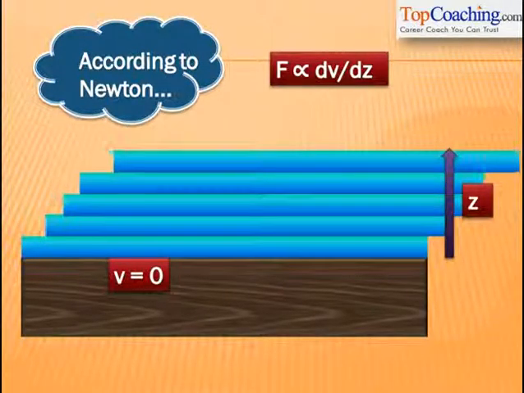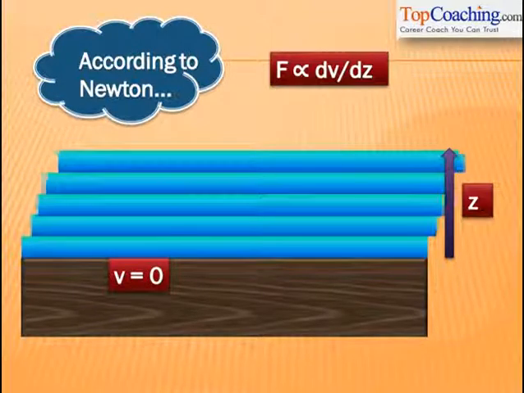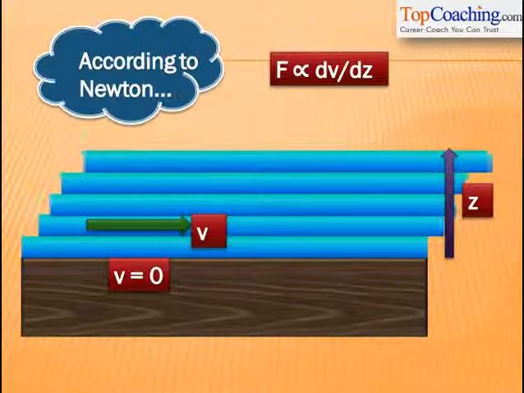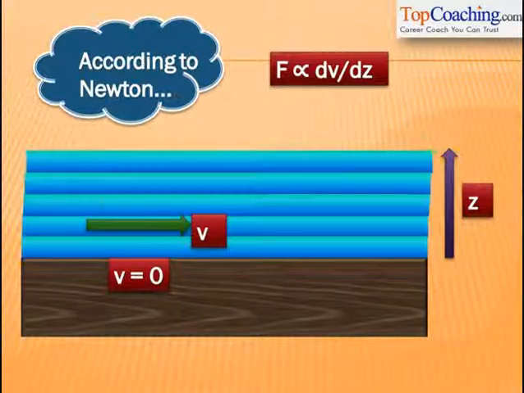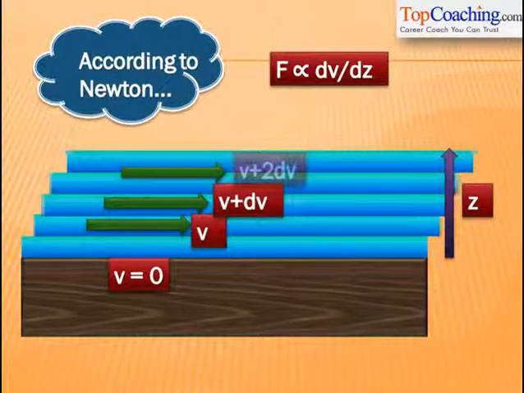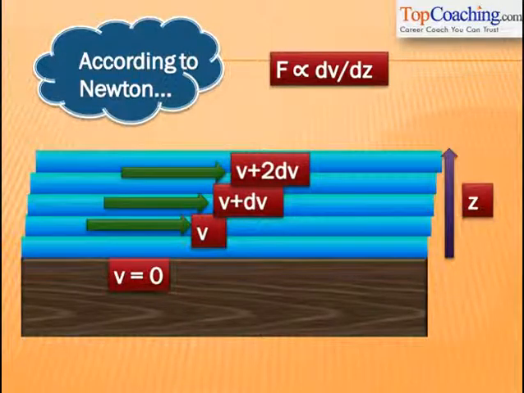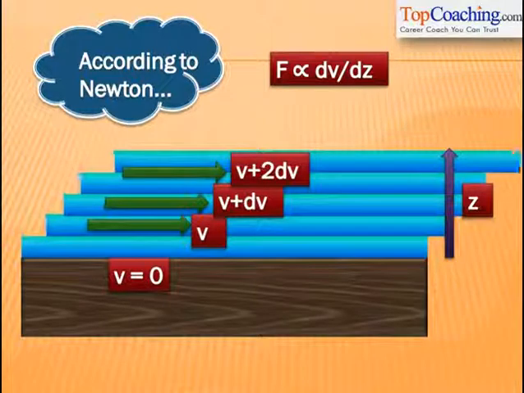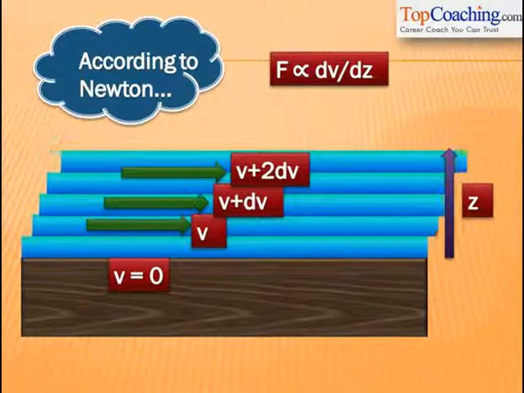So for example, if Z represents the height of any random layer and V represents the velocity of any random layer, then the rate of change of velocity with height is termed dV by dz, isn't it? Delta V by delta Z, how the velocity of the layers changes as the height keeps on increasing.